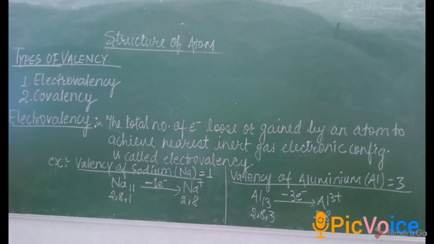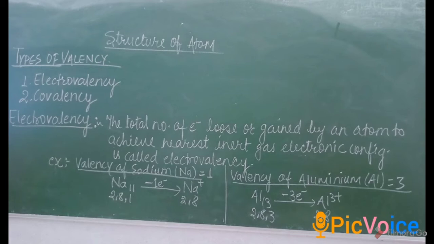Example, sodium. The valency of sodium is equal to 1 because the atomic number of sodium is 11 and its electronic configuration is 2, 8, 1. So here 1 is the electron present in the outermost shell of the sodium atom.